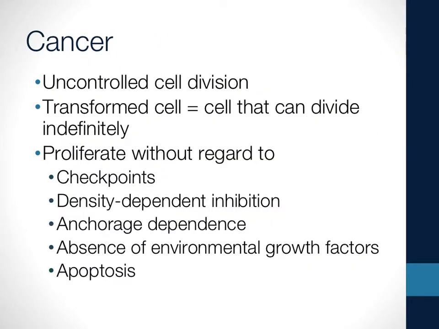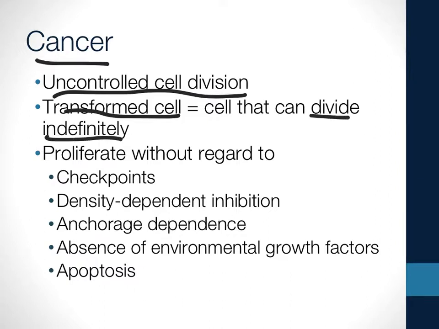So like I've alluded to at several points in this video, cancer is uncontrolled cell division. At this point, you have a transformed cell that's dividing indefinitely. Cells usually only divide 20 to 50 times before that cell undergoes programmed cell death, or apoptosis. Cancer cells don't do this. They divide indefinitely. They have mutations where they're ignoring checkpoints.